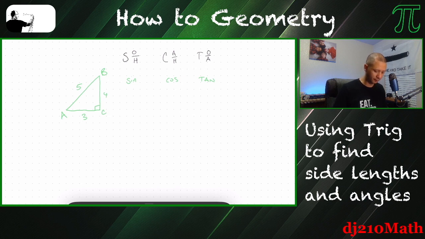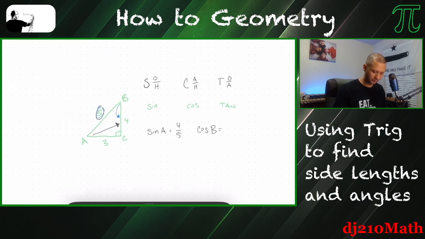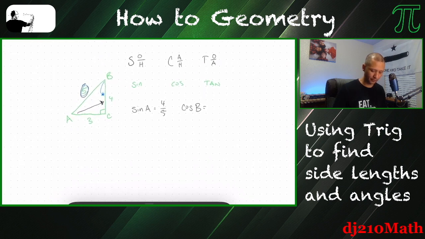So if I wanted sine of A, sine of A would be opposite over the hypotenuse, so 4 over 5. Well, let's say cosine of B. From the perspective of B, it's going to be the adjacent side over the hypotenuse, so this is actually 4 over 5 as well.